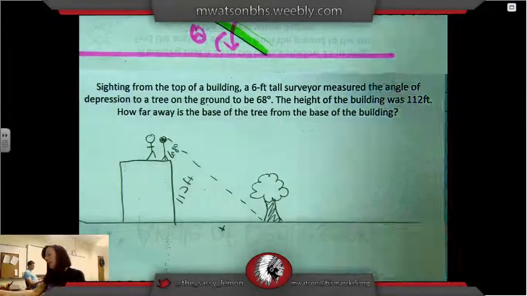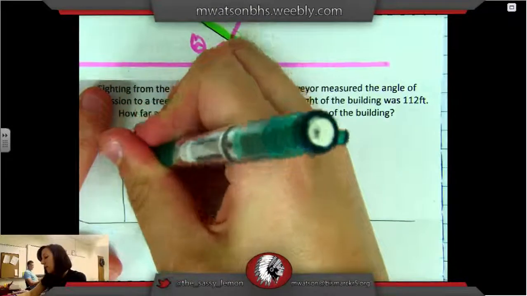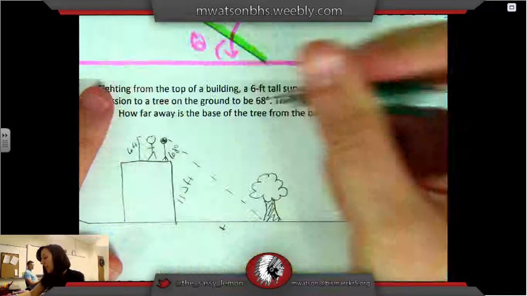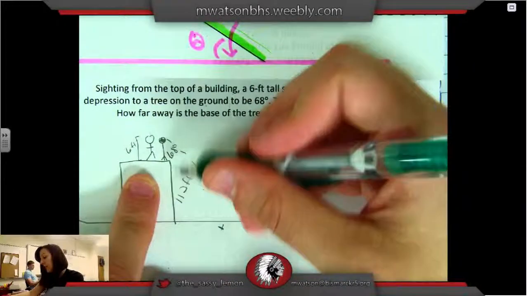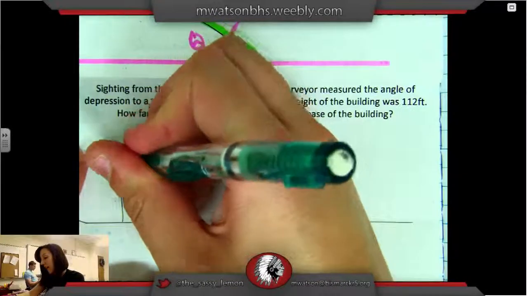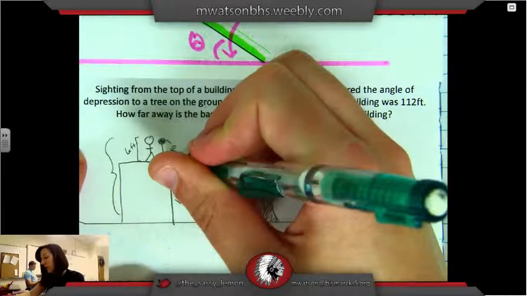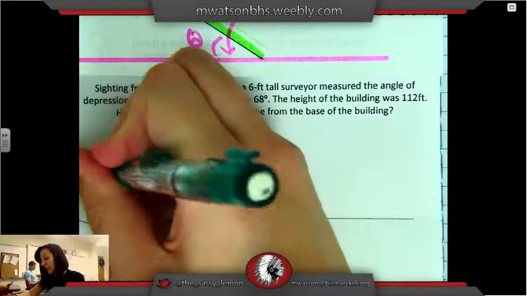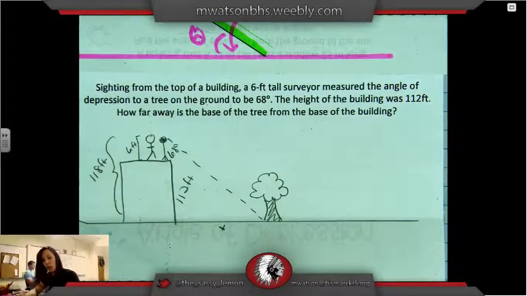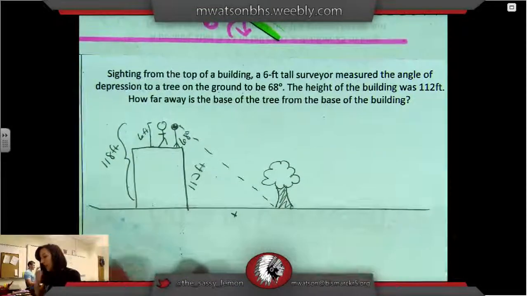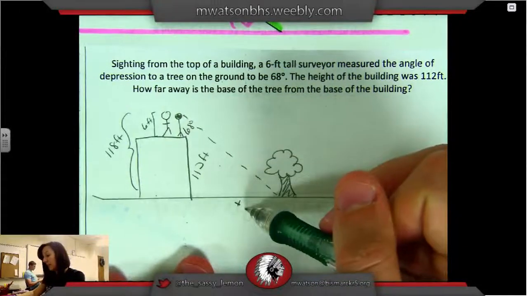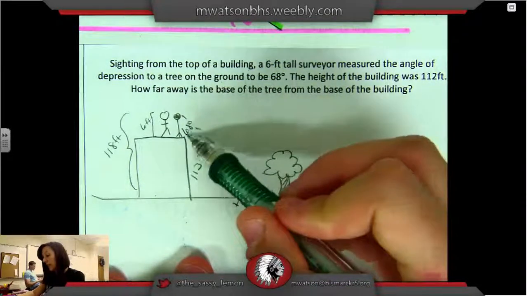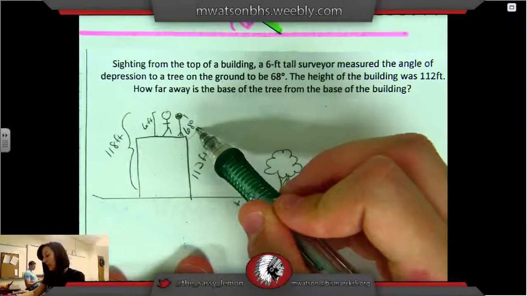So there's a little tricky part here because this dude's 6 foot tall. So that means his little surveyor thing is 6 foot tall too. So this side of the triangle is actually the height of the building plus the height of the man. So that's 118 feet. Tricky. So now we just determine our missing side. Well, we've got an angle here, theta, 68 degrees.